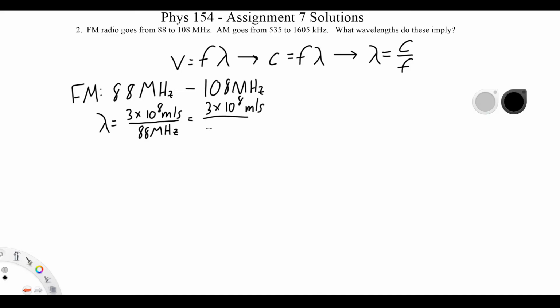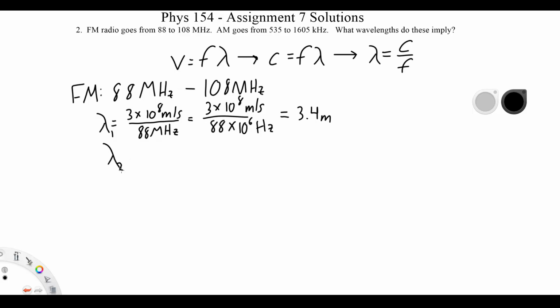So 3 times 10 to the 8 meters per second divided by 88 times 10 to the 6 hertz. And in doing this, we should arrive at a final answer of about 3.4 meters for the wavelength. And we'll call that lambda 1.